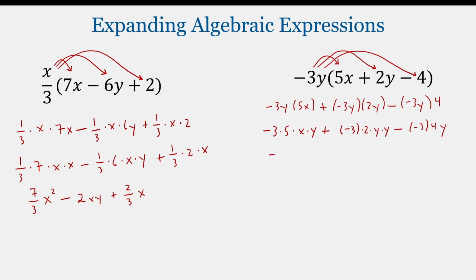Negative 3 times 5, that's negative 15, xy. Plus negative 3 times 2 is negative 6. And y times y, that's y squared. Minus negative 3 times 4 is negative 12, times y.